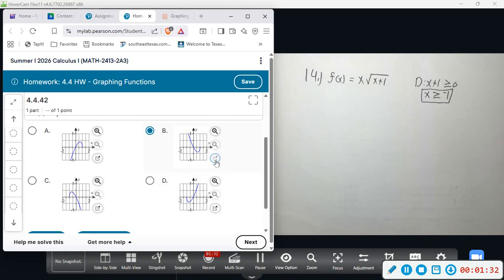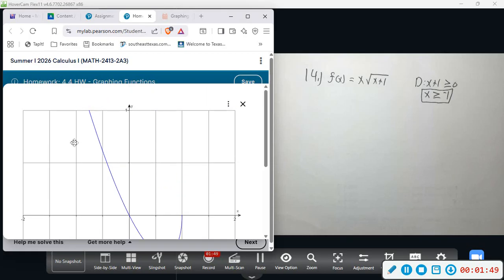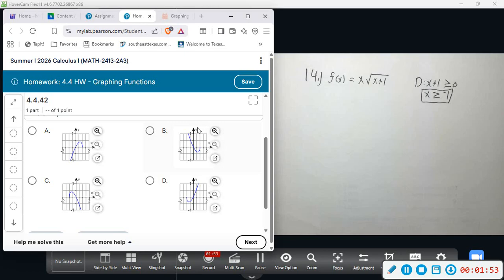If we zoom in, you can see it looks like these are counted by halves, because 1, 2, 3, 4 to get to 2. So it's a half, and then 1.5, 2. So here, negative 1 would be, and this graph looks like it's going to just continue off the page. So these two would be eliminated based solely upon the domain.